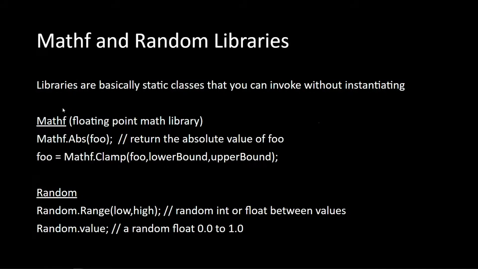There are other things in the math library as well, like Mathf.Clamp, which gives us a clamped version of a value between some lower bound and some upper bound. If you wanted to clamp something's position on the screen so it doesn't go off one side or the other, you could say Mathf.Clamp(x, -4, 4), and it would clamp that. But we'd be using this math library to do it.